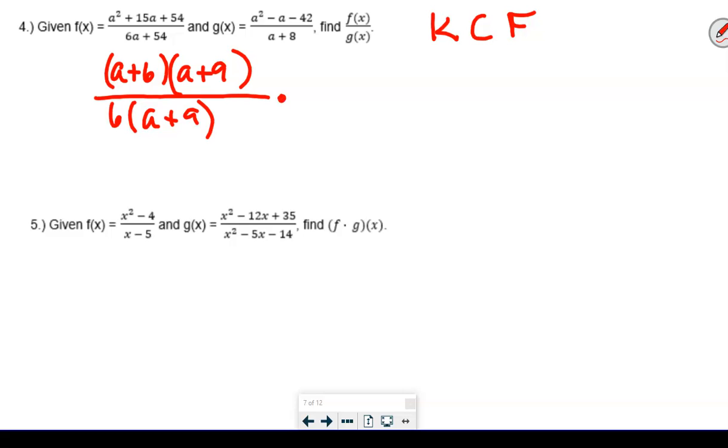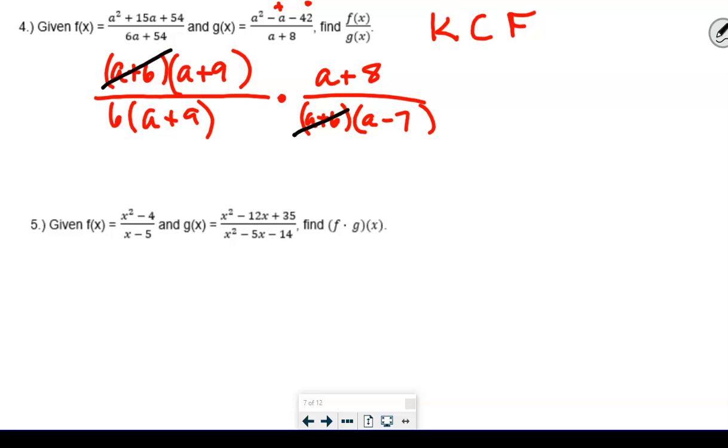We're going to flip this now. So we're going to put our a plus 8 on top, and we're going to factor this one as well. So what are the factors of 42 that add up to be -1, right? So that's going to be a plus 6 and a minus 7, right, guys? Okay, so now we're going to mark out the ones that are repeated in the numerator and denominator.